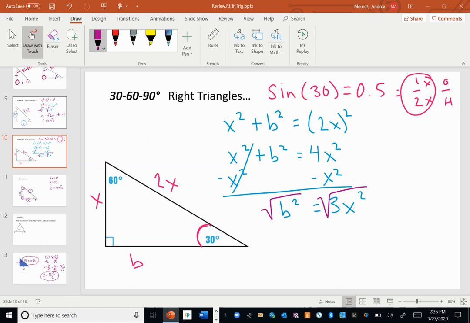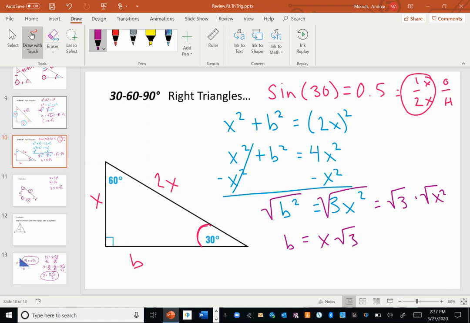B again is what we're trying to solve for. The square root of 3x squared is equal to the square root of 3 times the square root of x squared. The square root of 3 can't be simplified, but the square root of x squared is equal to x. And so b itself is equal to x root 3.